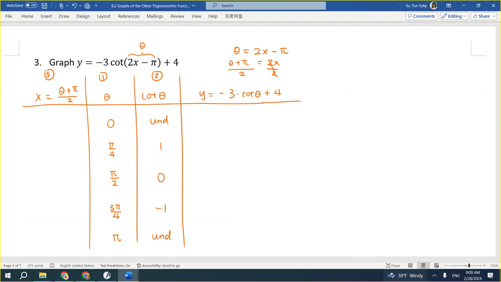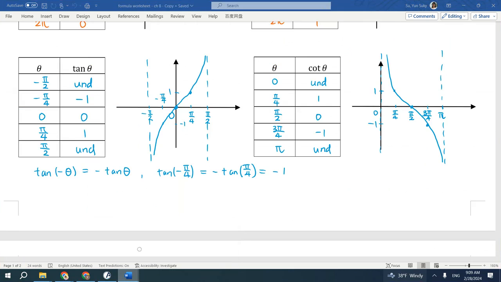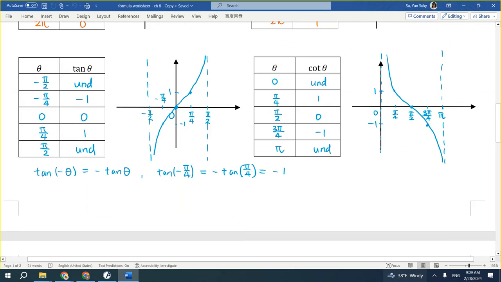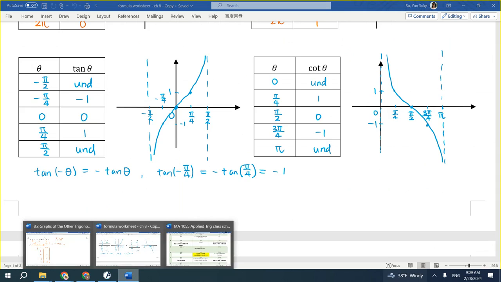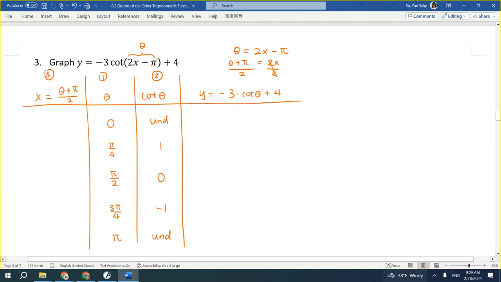That's why I asked you to draw this basic graph of the trig function. They're always the same. Then, based on how I change the problem, your x will be different, the y will be different.